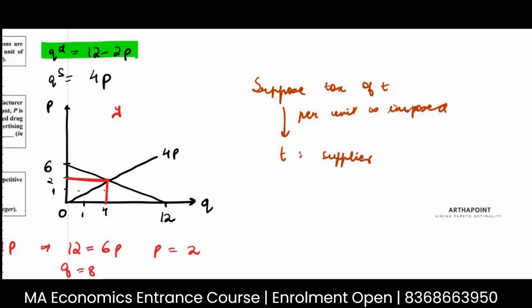then the supply curve will shift backward here. This will be the new supply curve. And the gap between the two supply curves, that will be the tax rate. That will be T, right? And if you multiply that T by the equilibrium quantity at that point, that will be your tax revenue.